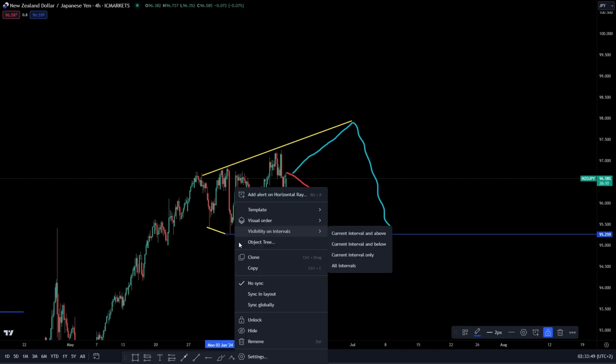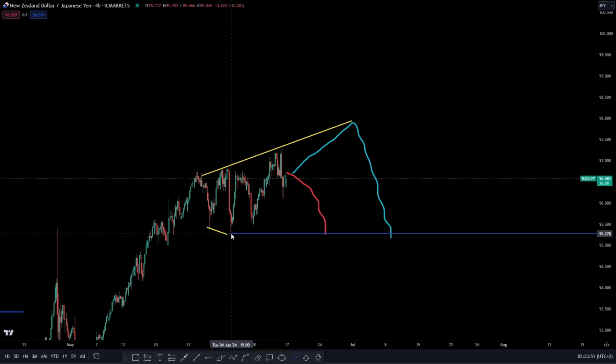Okay, yep, I'm happy with what I'm seeing. Don't get me wrong, the setup isn't the best, it's not the best of setups. However, price action, market structure, it's decent. It's a decent setup.